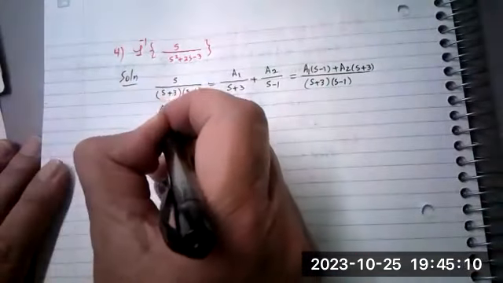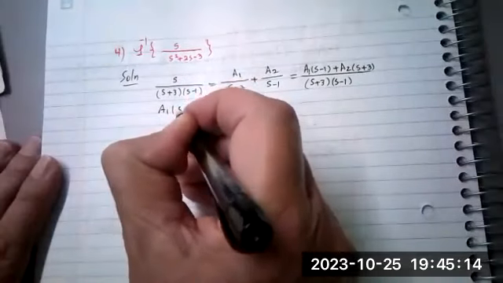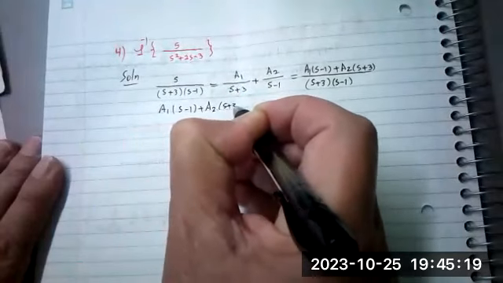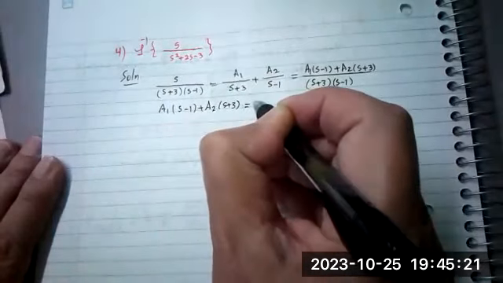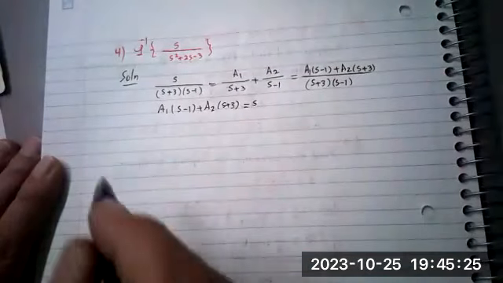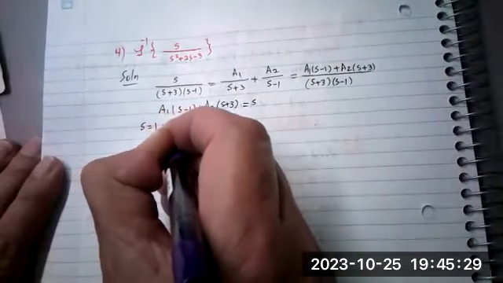So what's the top? A1 times S minus 1 plus A2 times S plus 3 equal to S. Pick those nice numbers. What's a nice number? 1. That's it. S equal to 1.